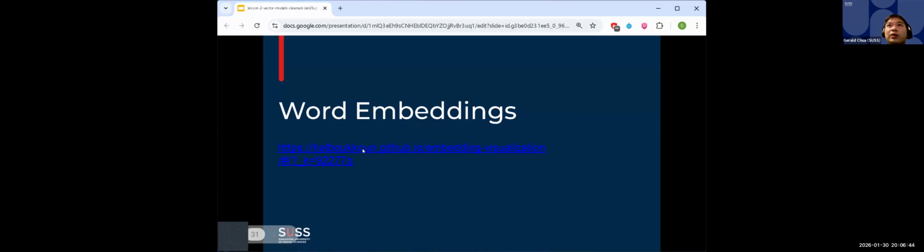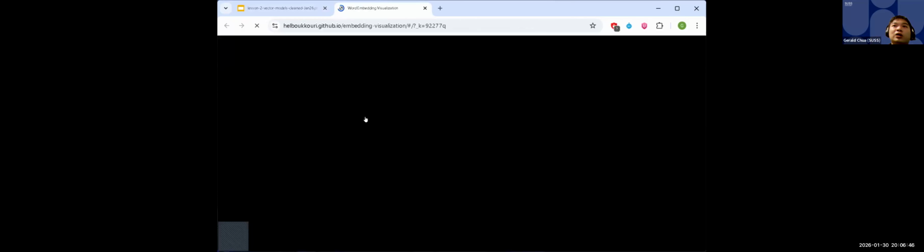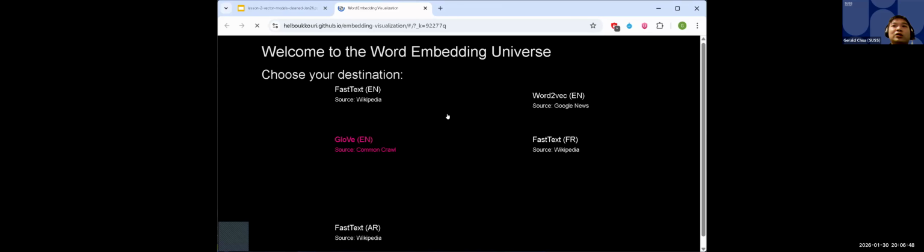Okay, so typically I like to show this visualization, this website, whenever I explain a bit about word embeddings lah. So typically when I teach deep learning also, there's a small segment that talks about word embeddings, not to the deep concept, but to give some idea lah.